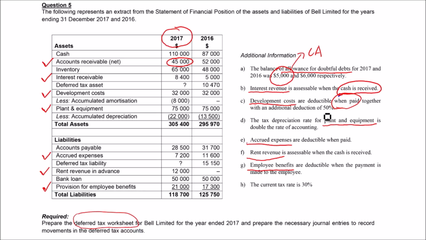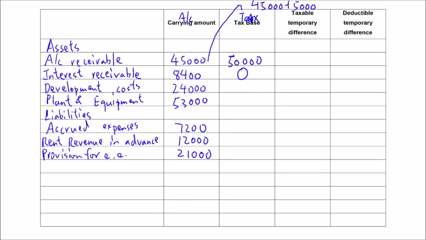On top of that, you can also claim a deduction of 50%, which means that development costs are already fully deductible. Remember, tax base is about how much deduction you can still claim in the future, which in this case is 0 as well, because you claim everything already. You can't claim anything further in the future. So the tax base is also 0.